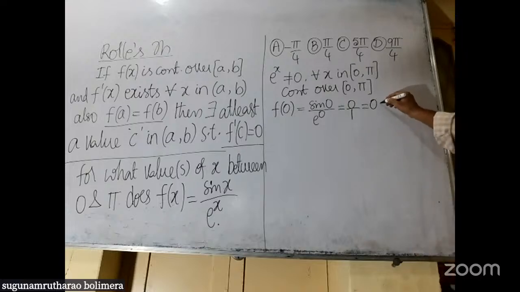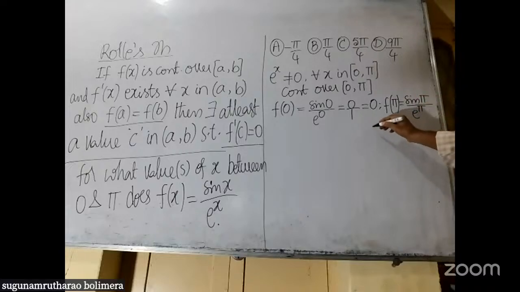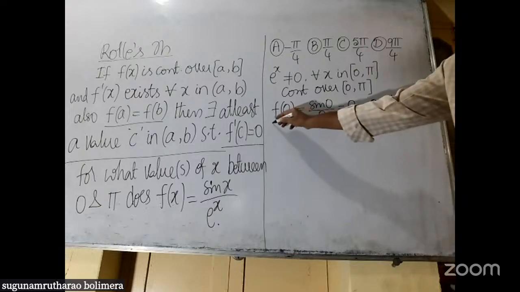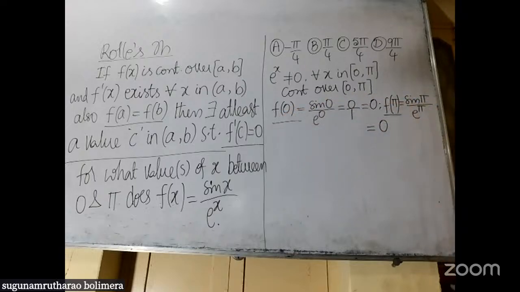And f of pi is sine pi by e power pi. Sine pi is 0, e power pi is not equal to 0. So f of 0 equals f of pi.